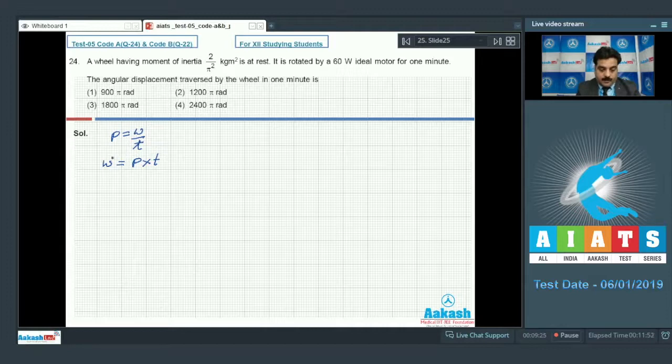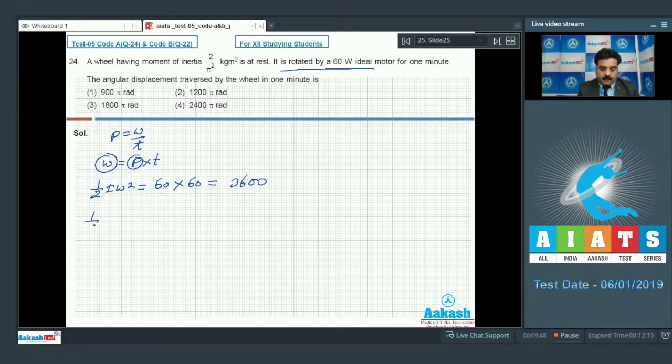So if I write W, it is P into T, where W means energy. Because the wheel is rotated, we can use the rotational kinetic energy. So I will write half I omega square equals P into T, power is 60 watt for 1 minute, means 60 seconds, so that will give you 3600.